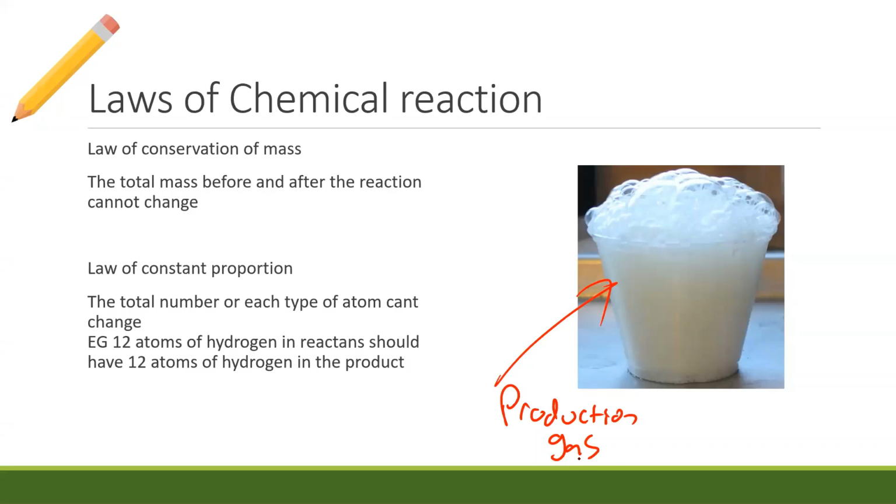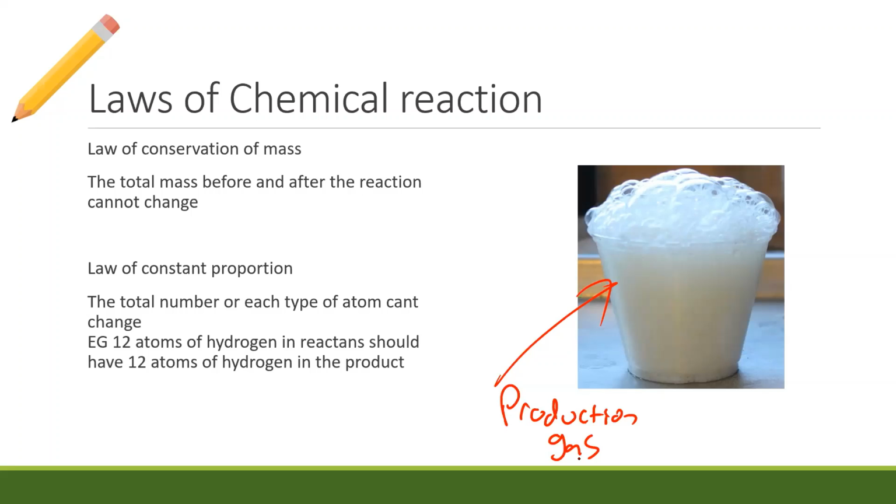This is when you take bicarb soda and react it with vinegar, and they've put some detergent in there so that it bubbles up, and that's what you can see here.